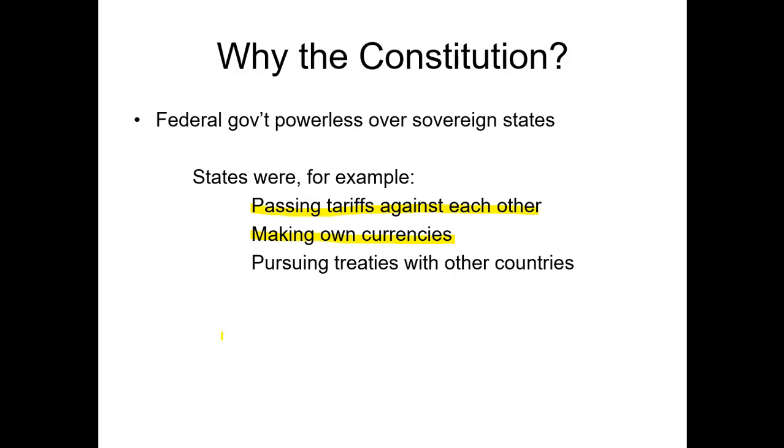And perhaps one of the most potentially problematic things was that some states were pursuing treaties with other countries. So you could imagine if New York aligned with Great Britain and Virginia aligned with France, for example, you could have a war that could break the United States up fairly quickly.